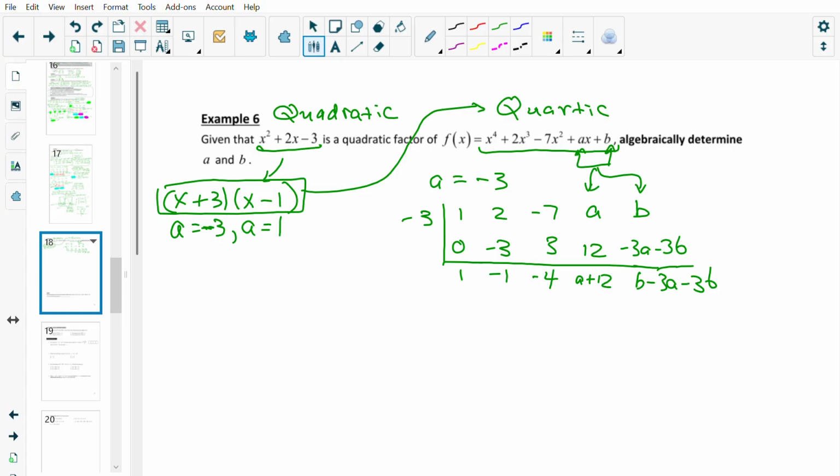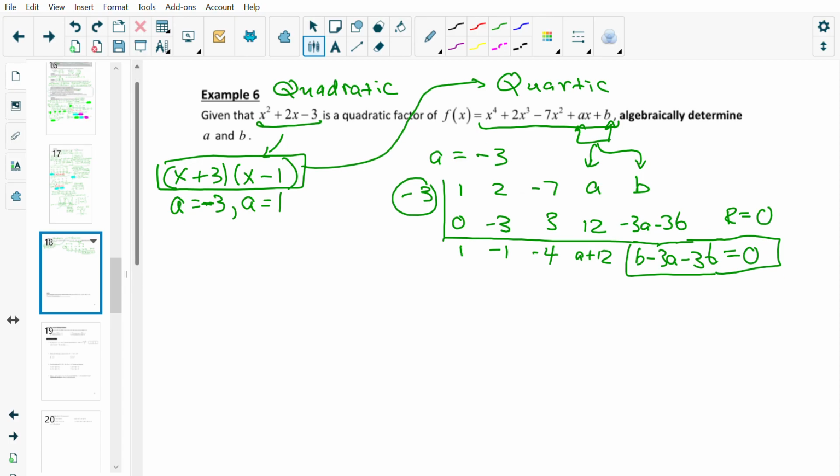I get b minus 3a minus 36. Okay, and since this is a factor, we know that the remainder must equal 0. So I'm going to say all of this remainder, b minus 3a minus 36, equals 0. Let's keep that off to the side.